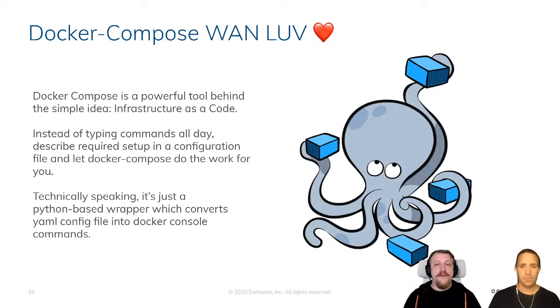You describe the things you need in the configuration file and you receive the results. Instead of typing commands on my own all day or copy-pasting them from the documentation, I take another approach. I describe everything in the Docker Compose configuration file, and let Docker Compose take care of all the required actions.